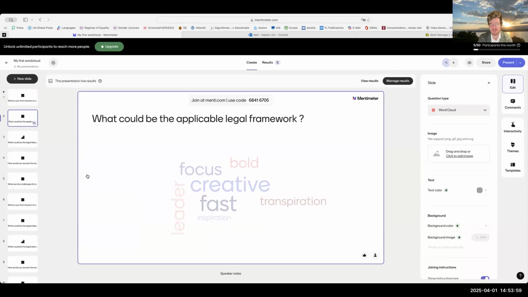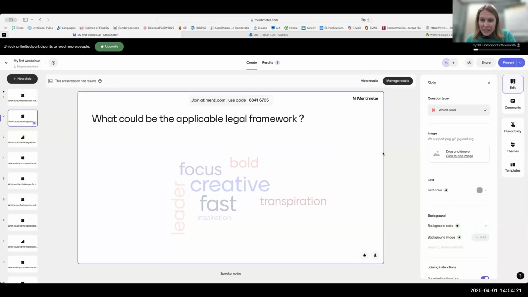The answers are not coming in very quickly. Some more people would like to join. If you think about this AI recruitment case, what could be the applicable legal framework? It can be non-discrimination law, it can be any law you can think of.